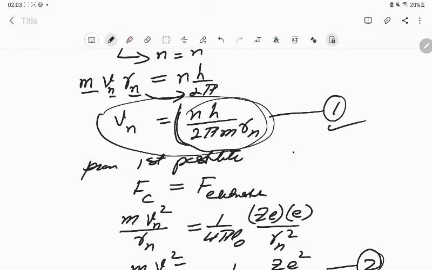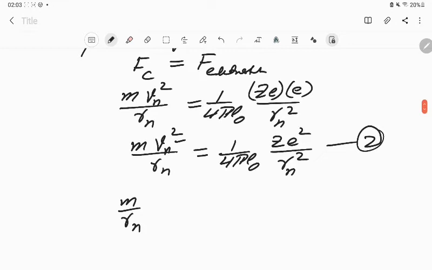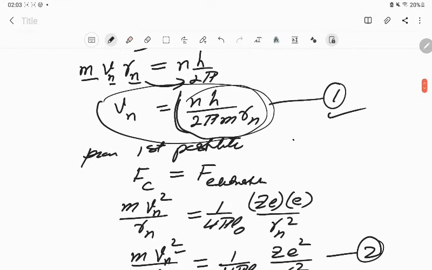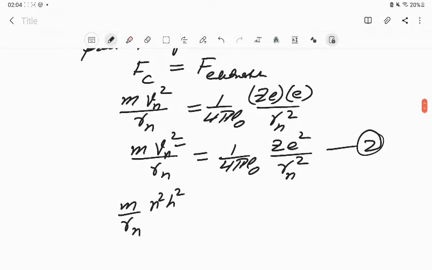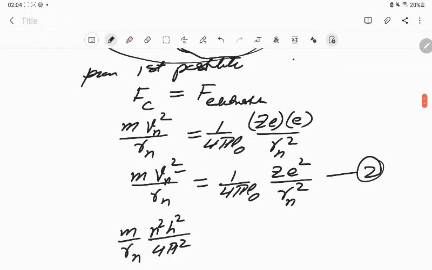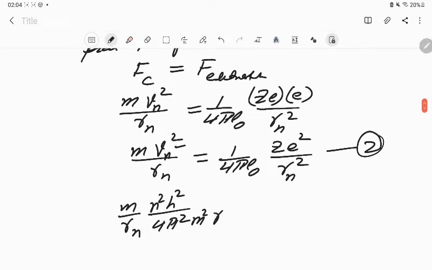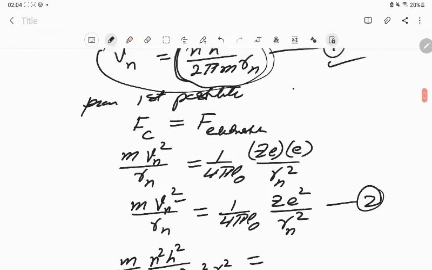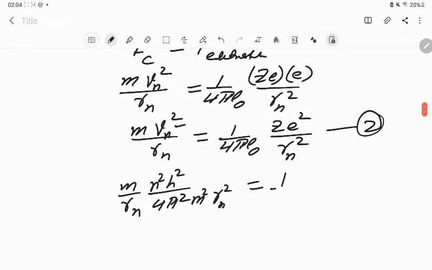If we square, we get n square h square, 2 squared is 4, 4 pi square m square rn square, times m by rn, equal to 1 by 4 pi epsilon naught Z e square by rn square.